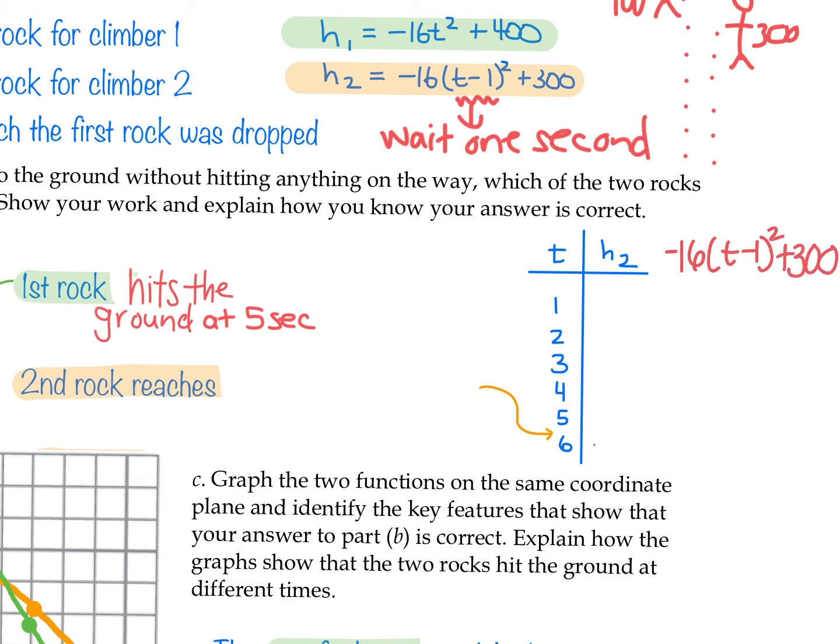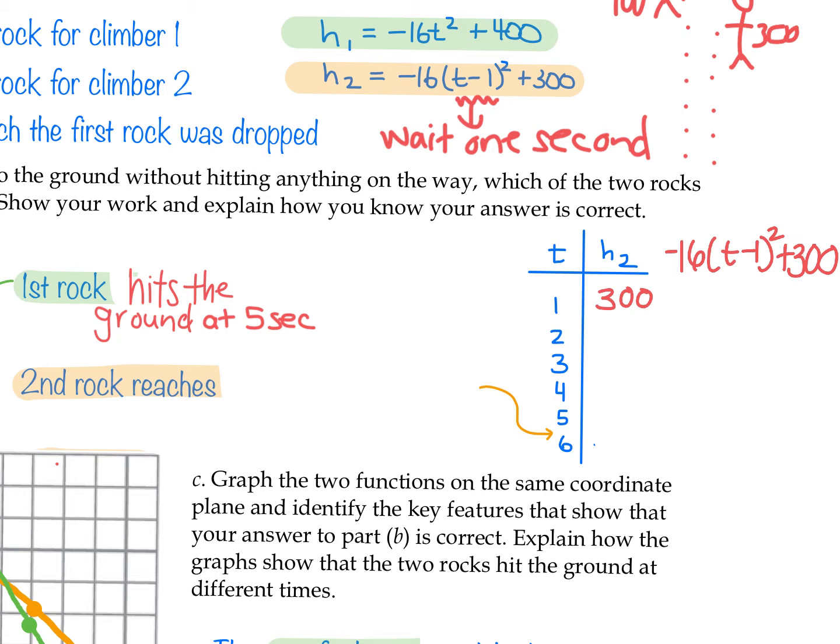So I'm going to go to y equals and type that in: negative 16 times x minus 1 squared plus 300. I'm going to look at the table. At 1 second, the height of the rock is 300 feet. Yes, 300 feet because we're a second behind.